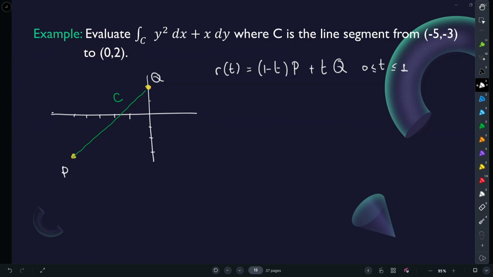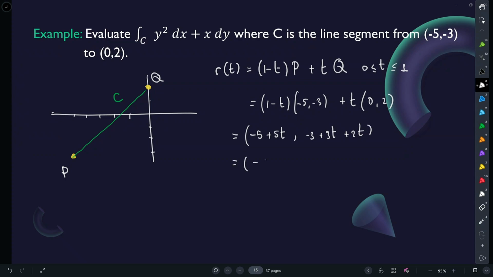So what is this formula? It is 1 minus t times the point P, which is minus 5, minus 3, and t times the point Q, which is 0, 2. So this formula is going to be minus 5 plus 5t plus 0, and then minus 3 plus 3t plus 2t.